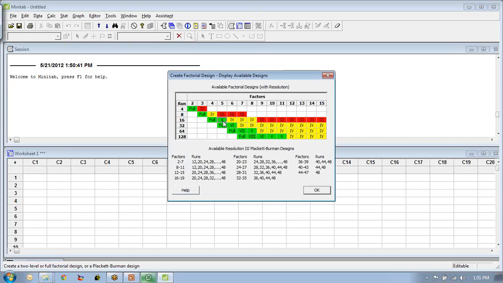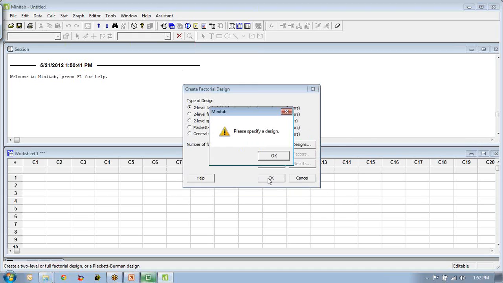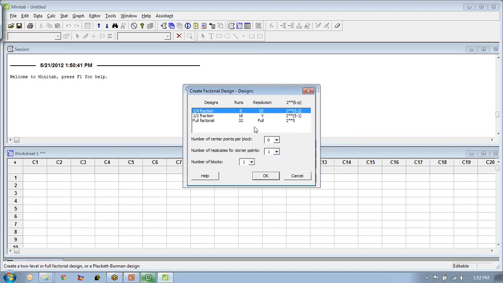So I think I'm going to do 16 runs. I could do a screening experiment in 8 and then fold it over into 16. I could do that, but instead let me just do 16 runs. Okay? So I'm going to go ahead and do that. I could maybe save a little money by doing that other.